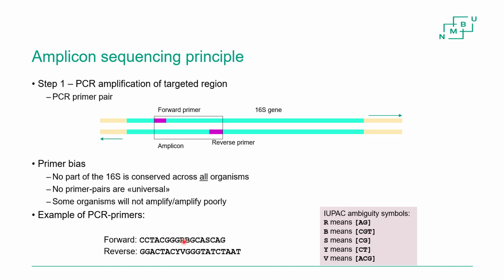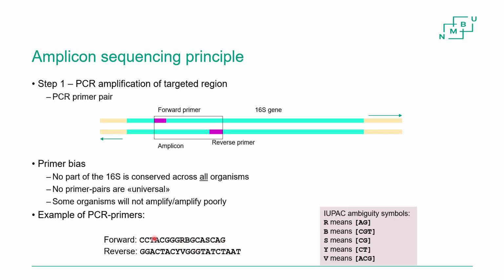Because you can replace R with either A or G, and for each of these two, you can replace this one with C, G, or T. So you have 2 times 3 combinations, right? And for each of those 6 combinations, you can also have 2 here, C or G. So 2 times 3 times 2 is 12 combinations.